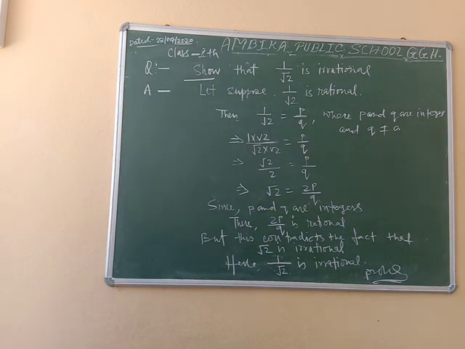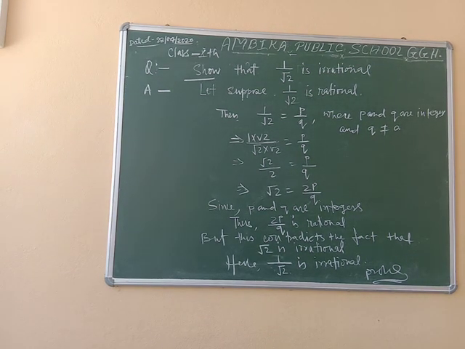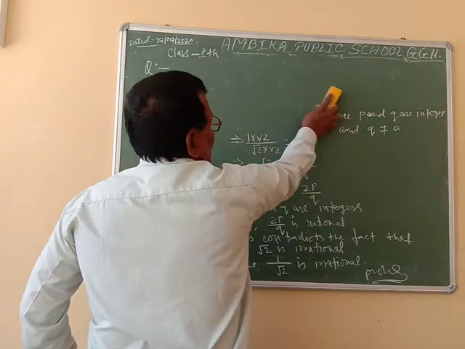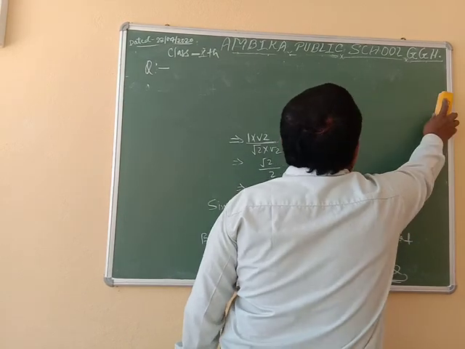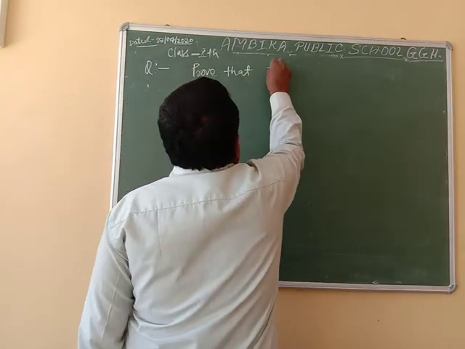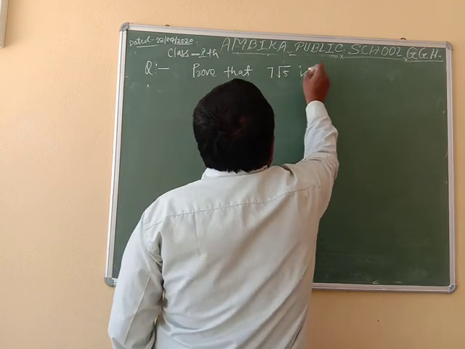Now again I am going to prove that 7 root 5 is irrational.